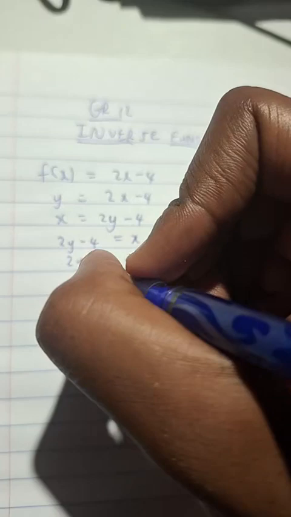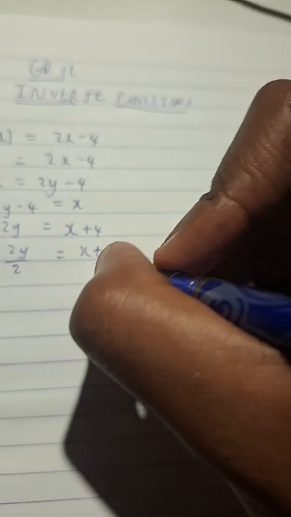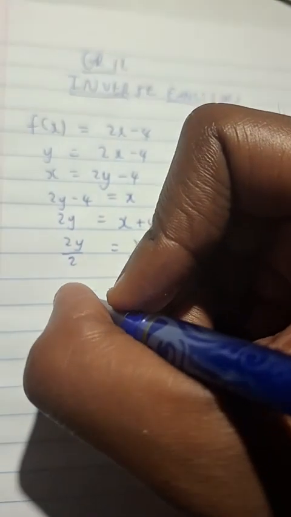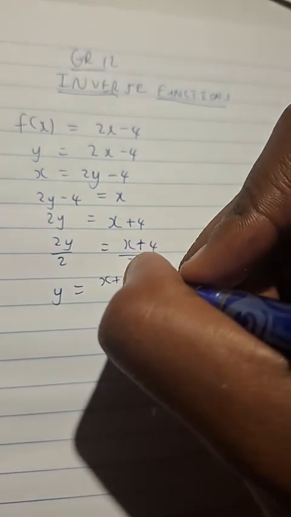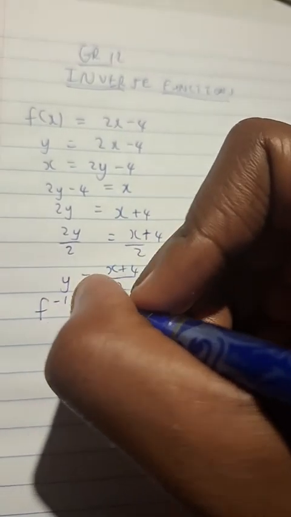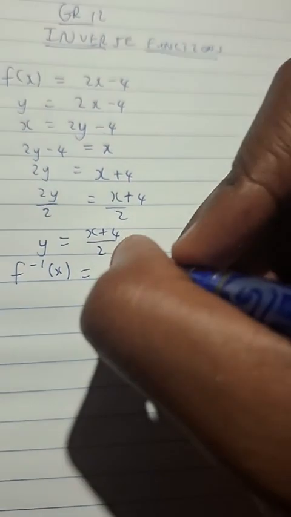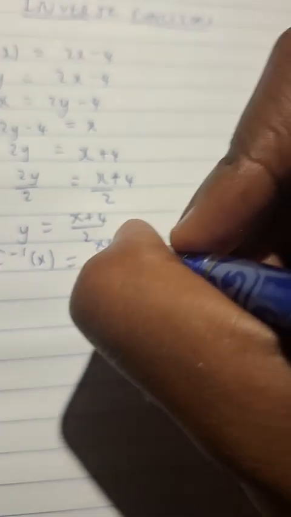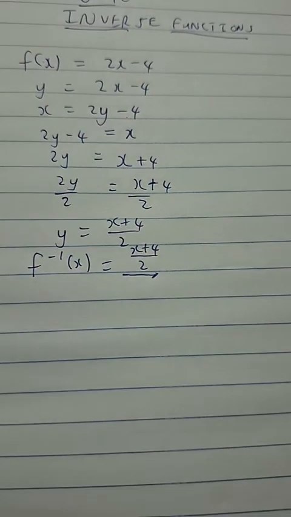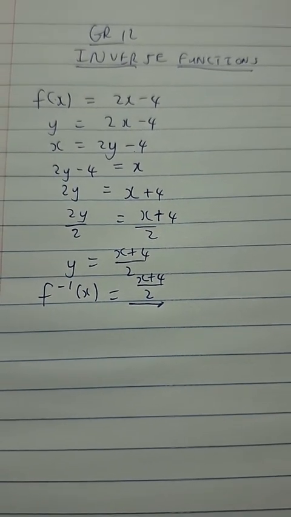Then I divide both sides by 2, the coefficient of y. That leaves me with y is equal to x plus 4 over 2. Therefore the inverse of f is x plus 4 over 2. Hopefully it makes sense and you understand what I've just done.